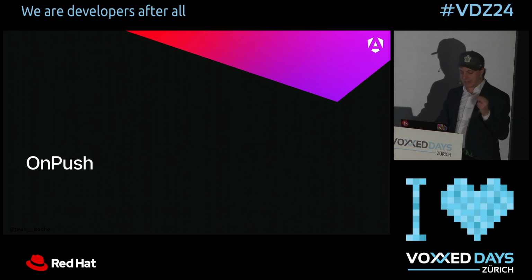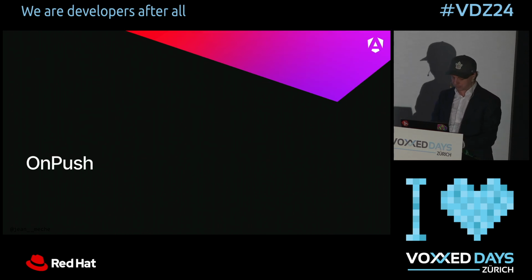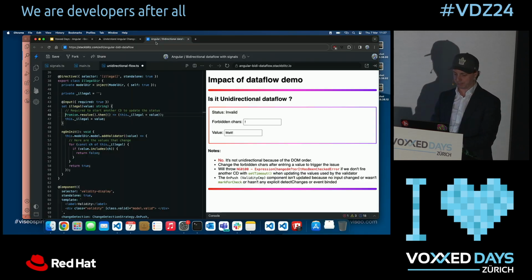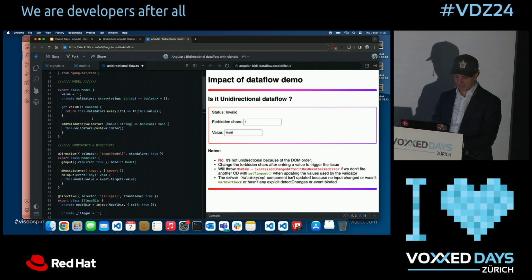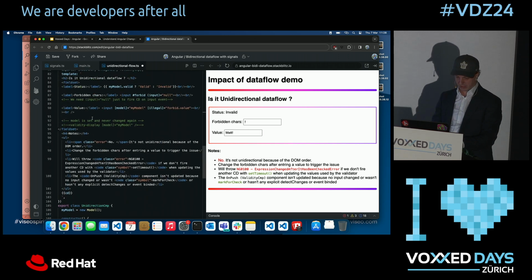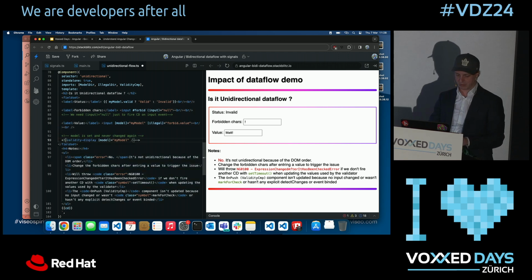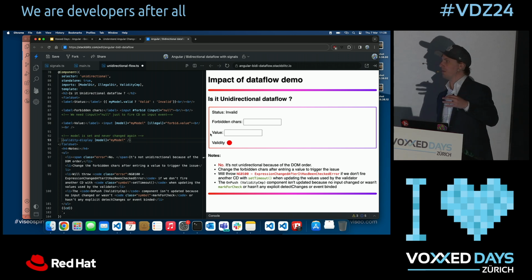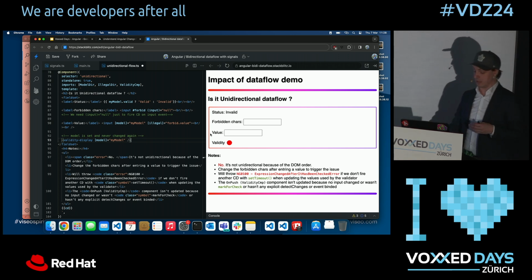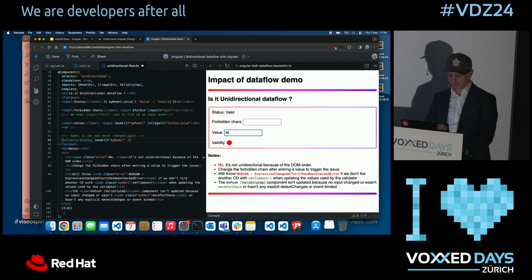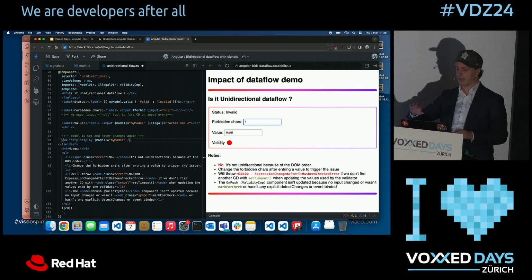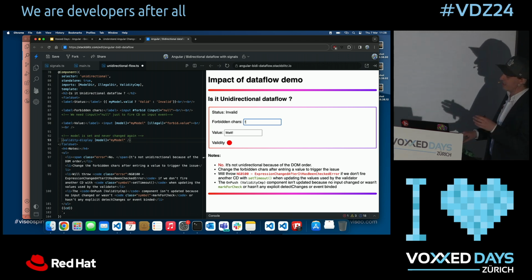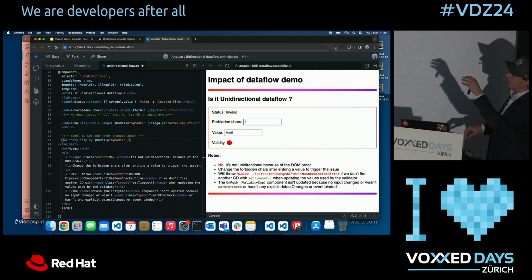So there is a second issue with the code I showed you, and it's OnPush. In the case I have here, I've got a component that takes the same model that was updated here. So I have the model which gives me the status, and you will see that if again I type this, I have the invalid that's updated, but the validity component down here doesn't update.